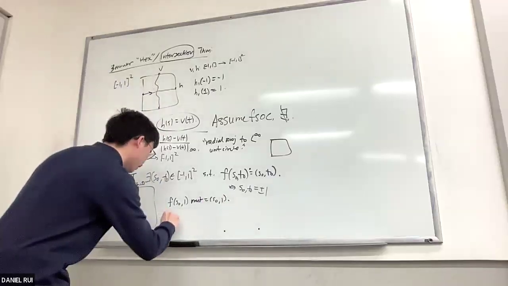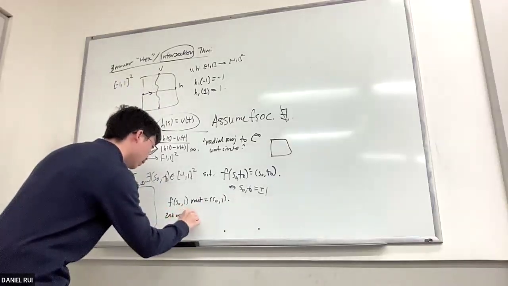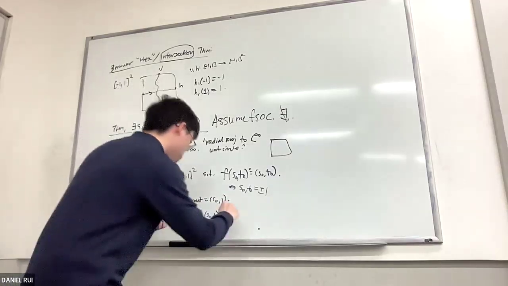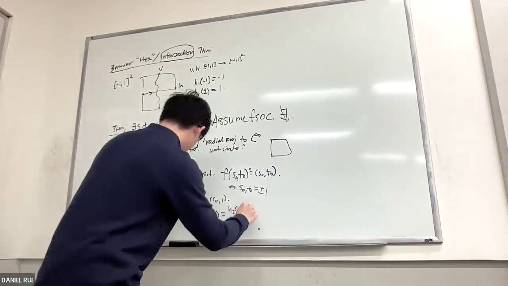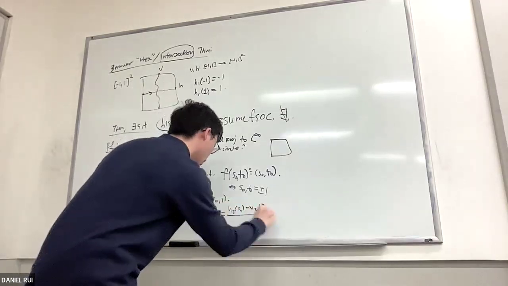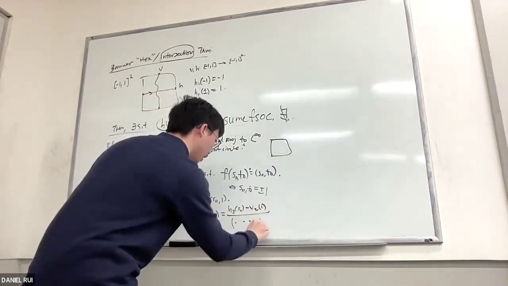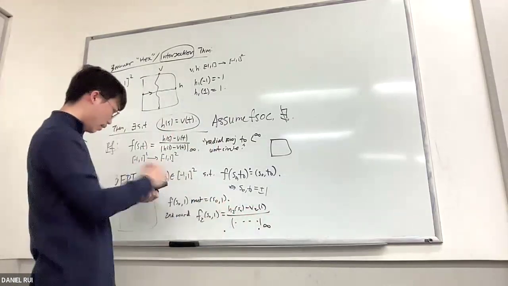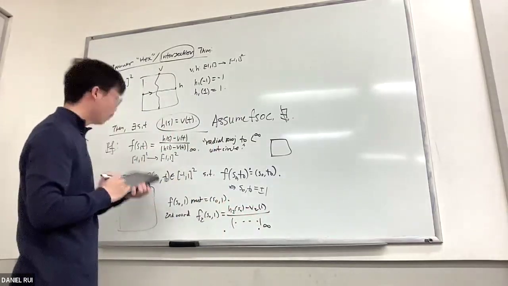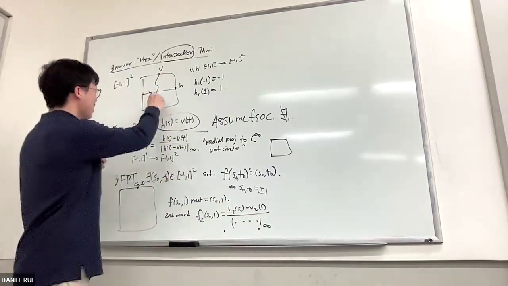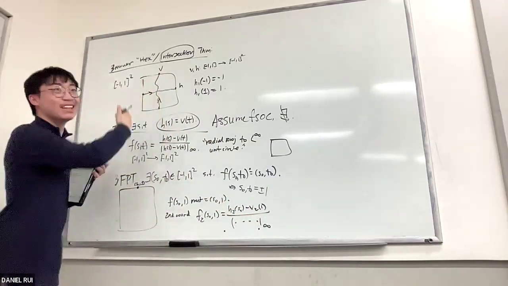But look at the second coordinate. The second coordinate of f, f2 of S0, 1, is equal to h2 of S0 minus v2 of 1 over the same thing in L infinity. But what is v2 of 1? v2 of 1 is 1.